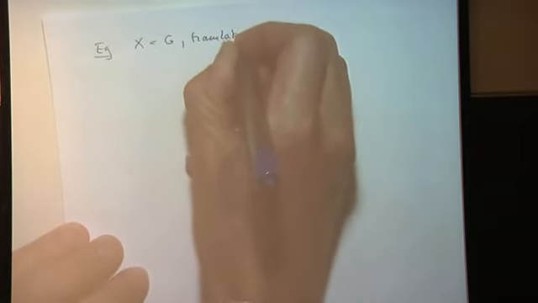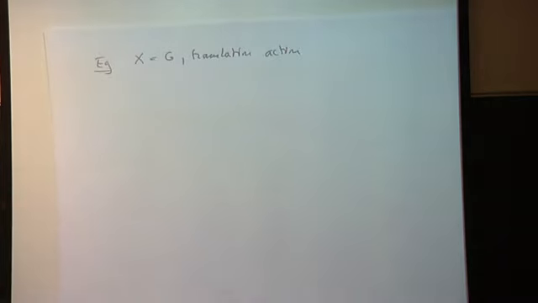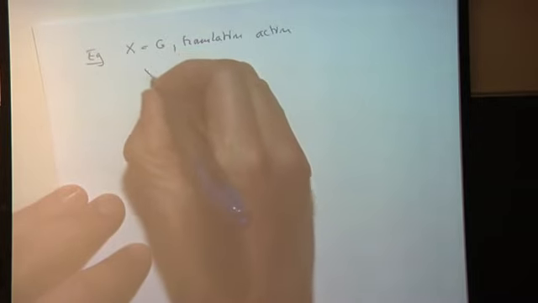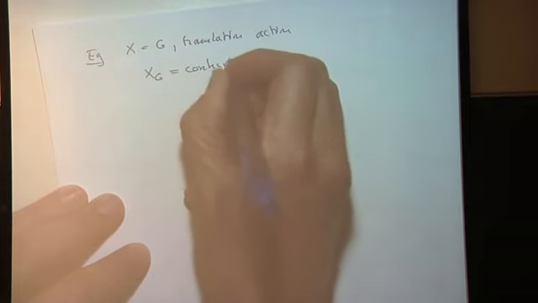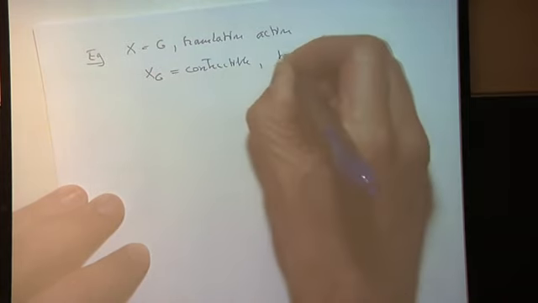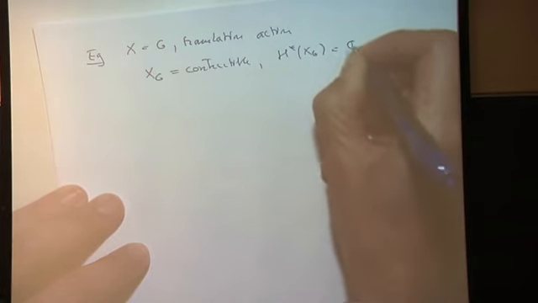But I didn't get your remark about equivariant cohomology. You can calculate that from this complex? Data, I'll write it in a second. You're right, sorry, I'm getting a bit sidetracked. If you take G with translation action, then X_G is actually contractible. And the cohomology of X_G, of course, is C with complex coefficients.